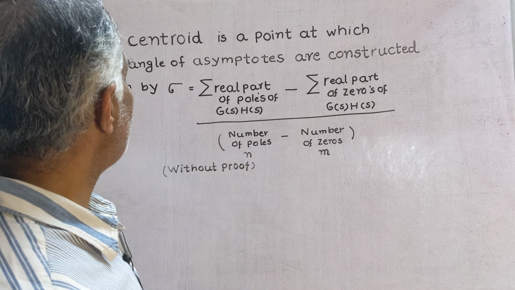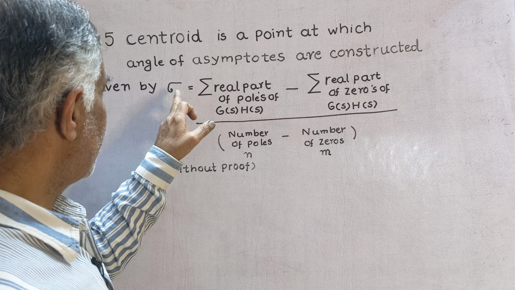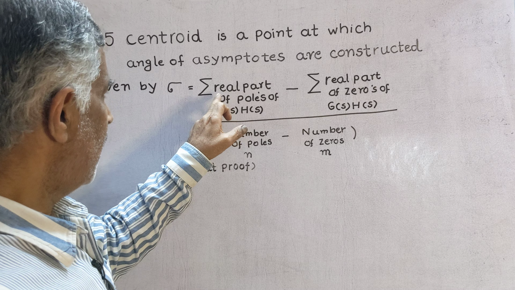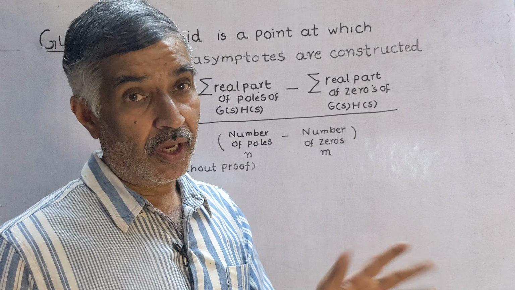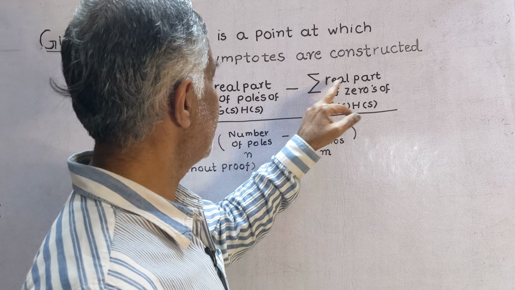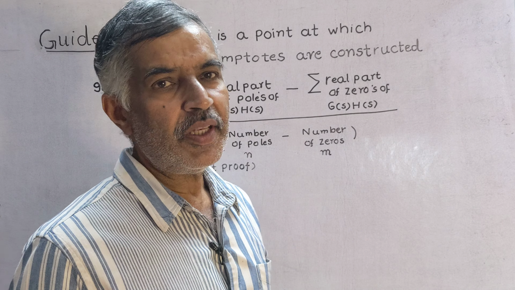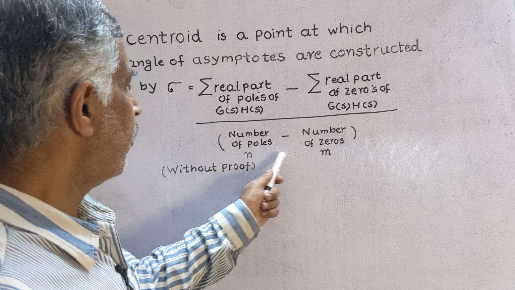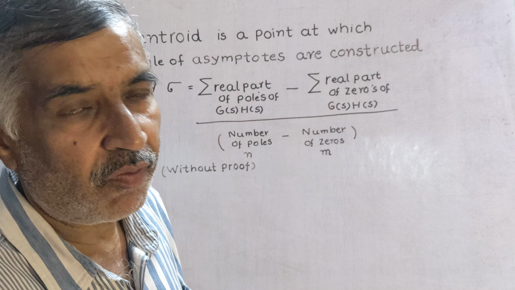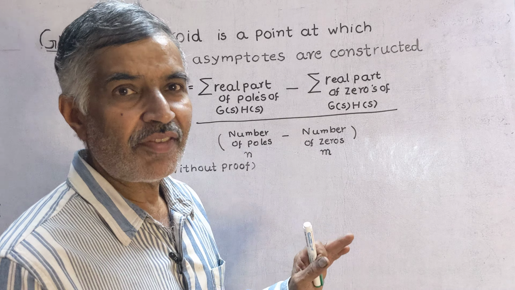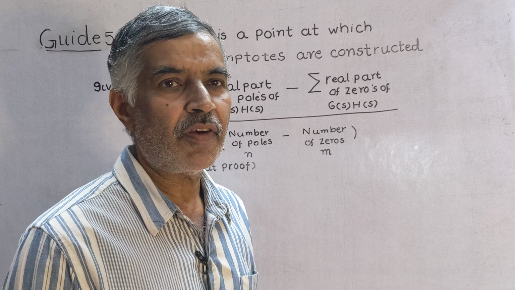Centroid is a point at which angle of asymptotes are constructed, given by: centroid equals summation of real part of poles of G(s)H(s) minus summation of real part of zeros of G(s)H(s), that is the open loop transfer function, divided by number of poles minus number of zeros. This is an empirical formula. So using this formula, one has to do centroid calculation. After calculating the centroid, then one has to draw the angle of asymptotes.